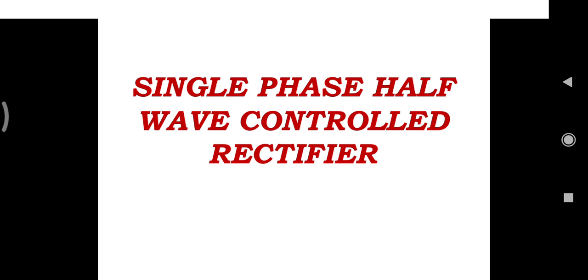In today's class we are going to see the half wave controlled rectifier. Half wave controlled rectifier means, suppose we consider AC as the input for the rectifier. The output we get is only the positive half cycle. That means we get DC only for the positive half cycles.